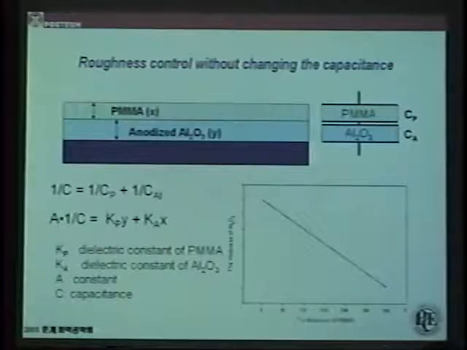So we get rid of this capacitance effect. To fix the capacitance, we vary both the PMMA and anodized layer thickness. In this way, we can get the same capacitance, so we only study the effect of roughness.